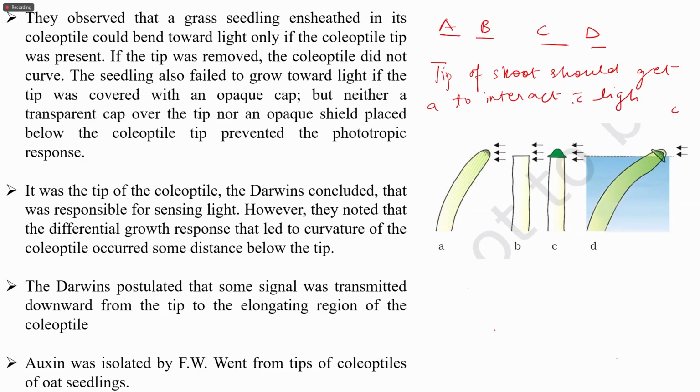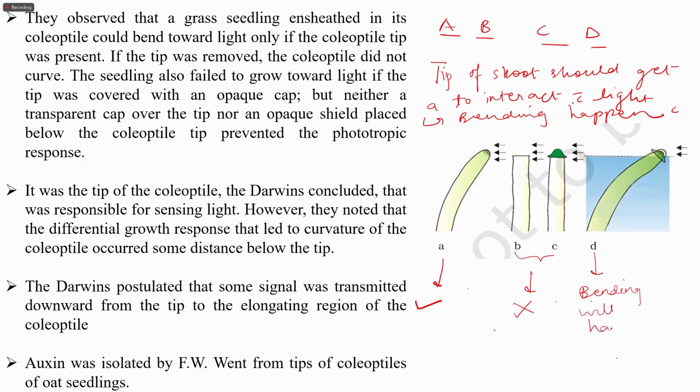Only then will the bending happen. So in A, will bending happen? Yes. In B, it will not happen. In C also, it will not happen. So in B and C, the bending will not happen. But in D, bending will happen. So in A and D, where the tip is exposed, bending happens.